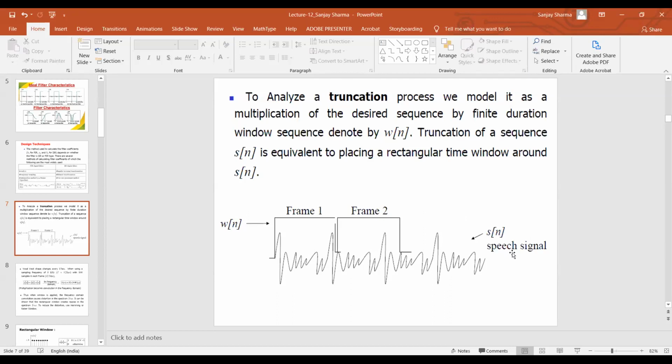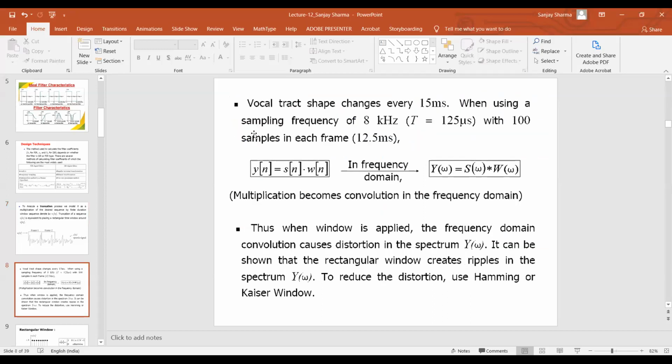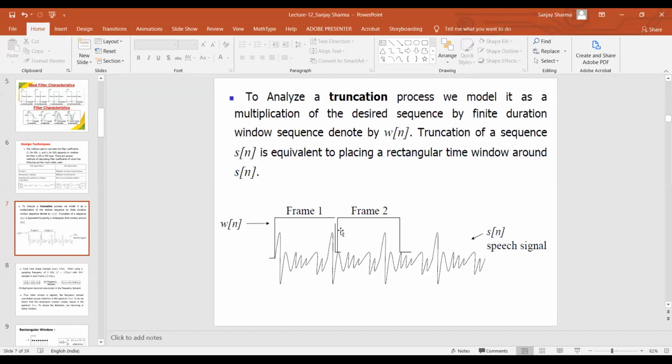Speech signals are quasi-stationary signals, meaning that for around 15 to 20 milliseconds, the speech signal remains the same. That's what I have written in my next slides. Vocal tract shape changes every 15 milliseconds. So there is a 15 millisecond period for which the signal throughout remains stationary.